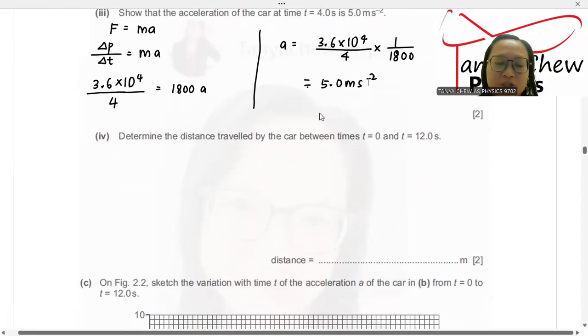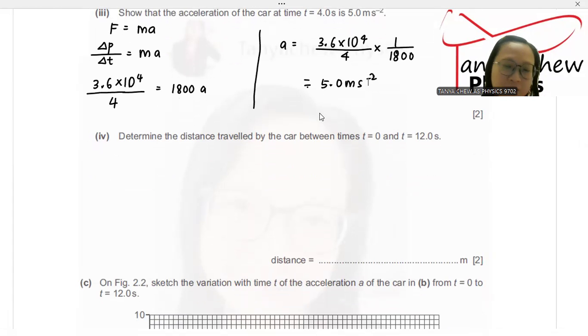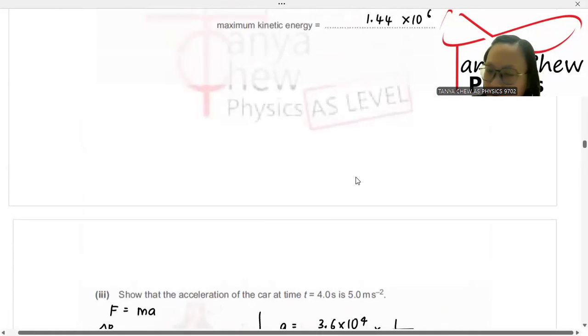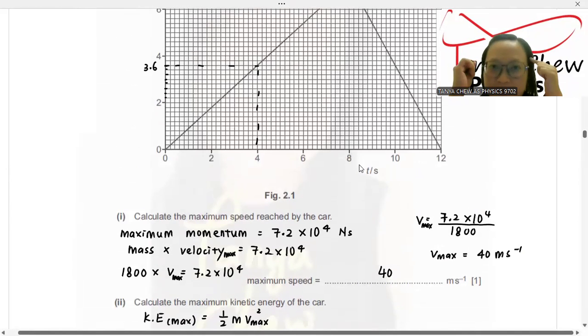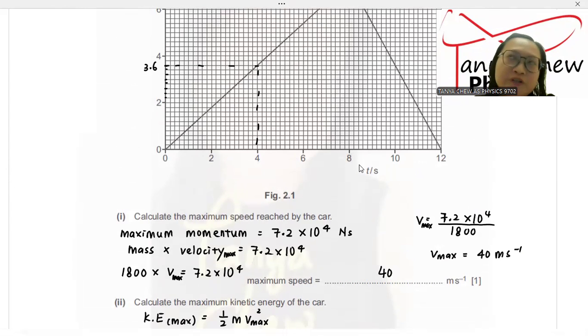Now the next one: determine the distance traveled by the car between times t equal to 0 and t equal to 12 seconds. When a graph is given, just bear this in mind. You can either find the gradient of the graph, which is equal to the resultant force, or the area under the graph. Now, this is a momentum against time graph.